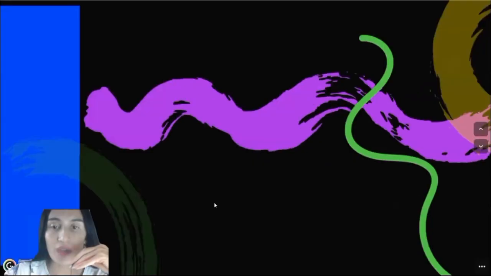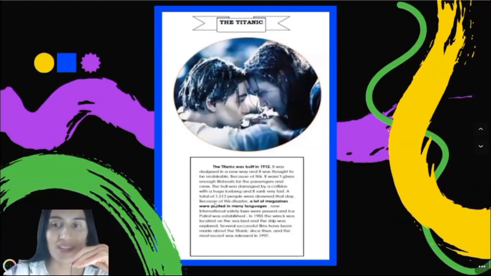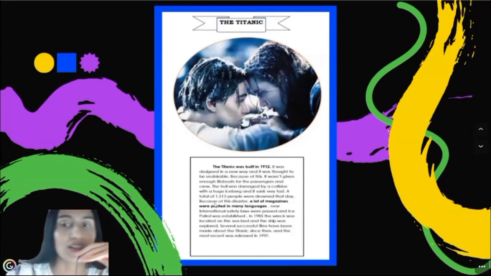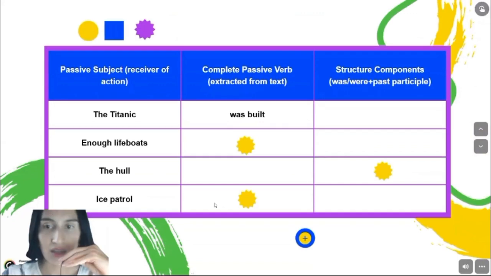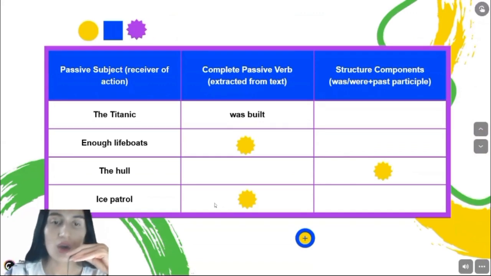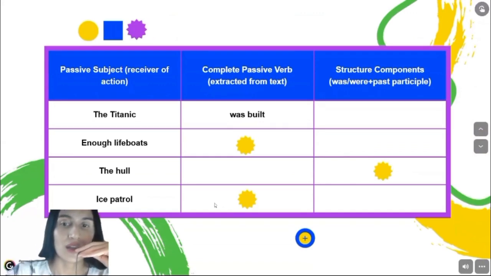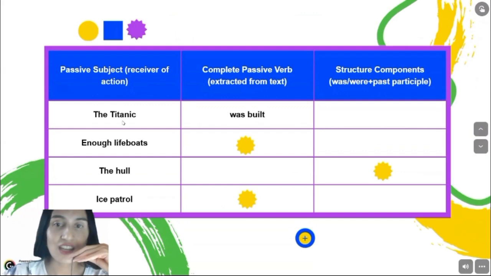So today we are going to work with this text that is called the Titanic, and I'm going to share it in the chat. Let me take a second. Okay, ready. With this text, you will complete column 2, and you have to tell me what happened to each subject. Here there is an example: The Titanic was built.